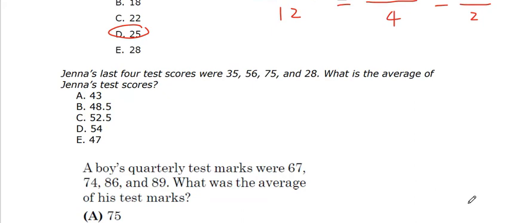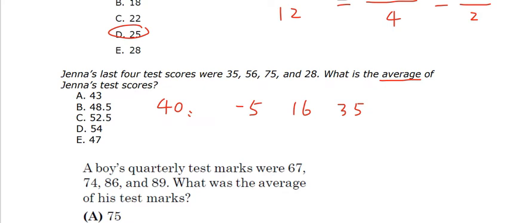Okay, so here we have 4 numbers. So what is the average of them? We know average is add them up and divide by 4. But another way is we just set a number. Let's say we use 40 as a baseline. So 35 is negative 5, 56 is just like 16. We just try to make the numbers smaller. So 75, 35, and 28 become negative 12, right?